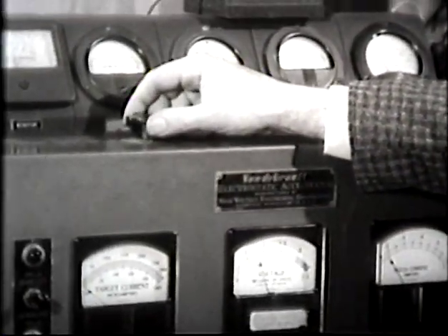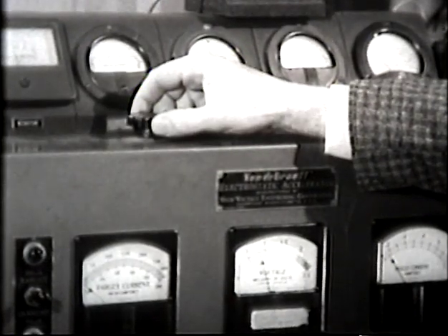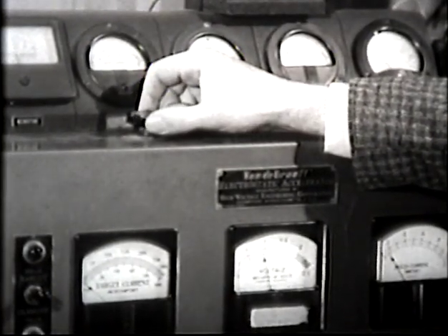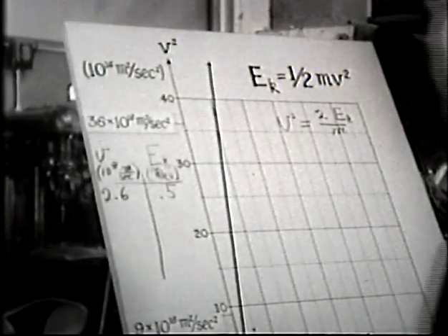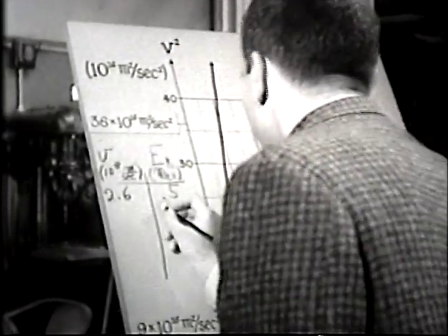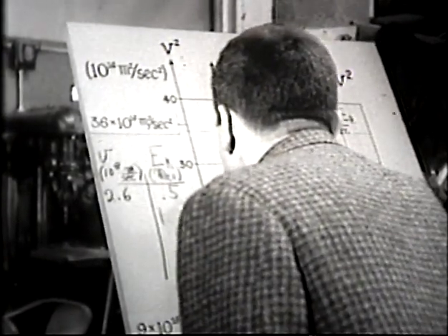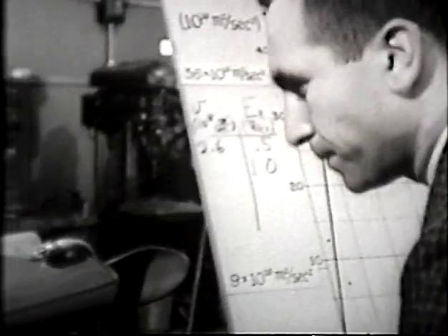I'll increase the voltage of the Van de Graaff to 1 million volts, double what it was. That means we're giving the electrons a kinetic energy of 1 million electron volts.